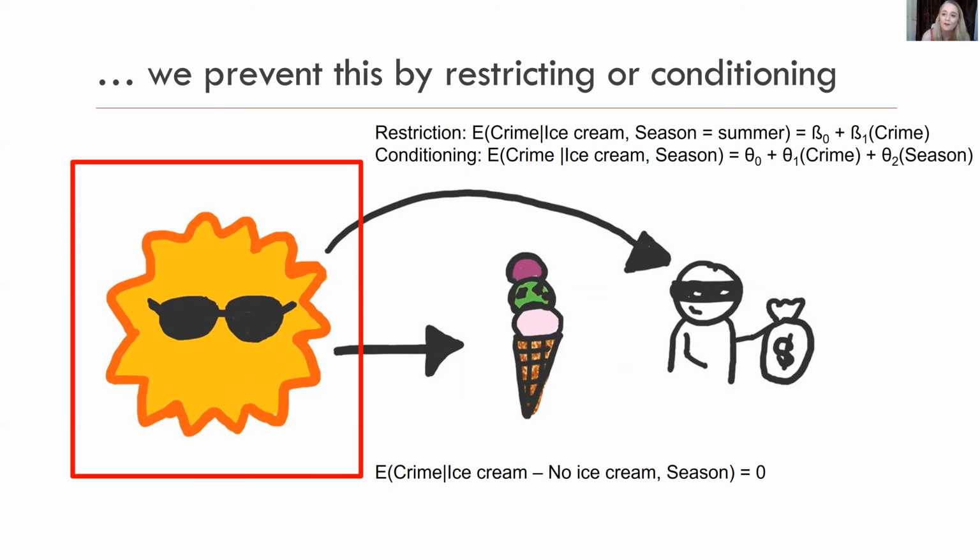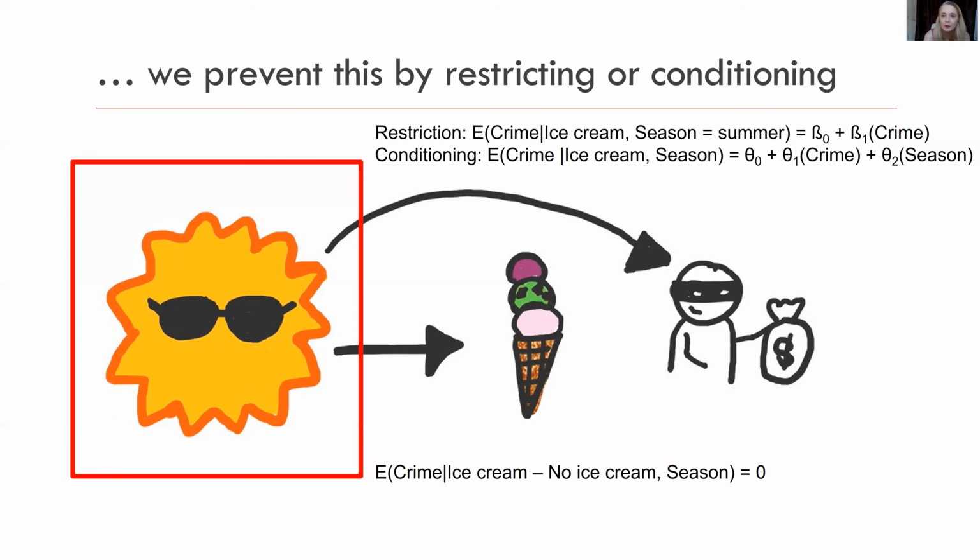Instead, this fork is creating a spurious association, and to prevent it, we can either restrict on the fork. So that is, we can look only at ice cream and crime on days when the temperature is a particular level or in a particular range. For example, ice cream and crime on days when the temperature is above 100 degrees Fahrenheit or is between 75 and 80 degrees Fahrenheit. On the other hand, we can condition on the fork variable.